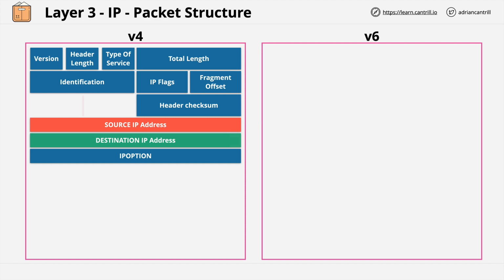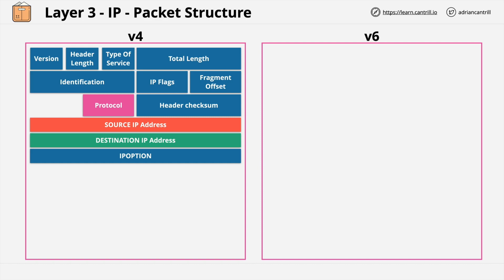There's also the protocol field, and this is important because IP is Layer 3. It generally contains data provided by another layer, a Layer 4 protocol, and it's this field which stores which protocol is used. Examples of protocols which this might reference are things like ICMP, TCP, or UDP.